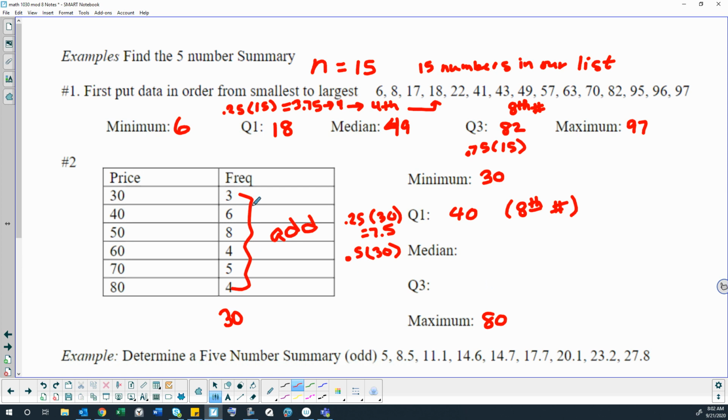So we have 3 and then 9. Oh, I lied. That only goes up to number 9, not 10. So 3 numbers, 9 numbers, and then 17 numbers to get to this point. So what number does the 15th number land on? 50. So the median is 50 because it's the 15th number.